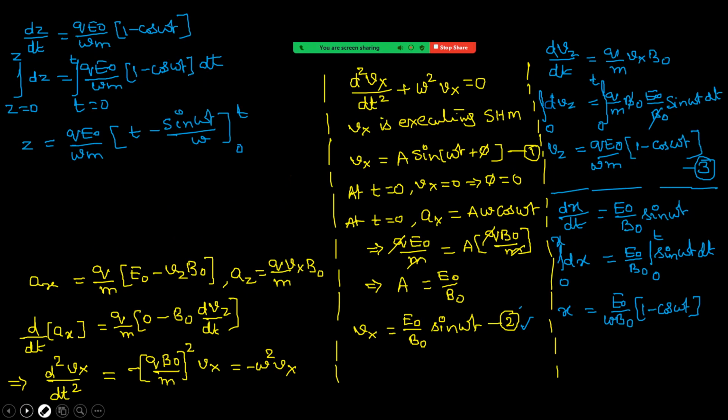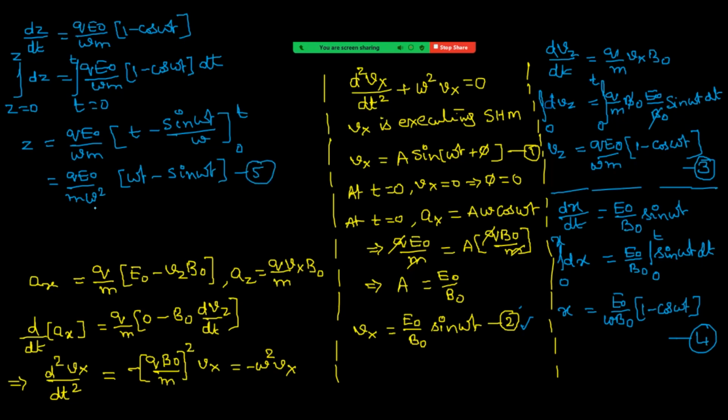So coming to the calculation part, q E naught by m, take omega outside, omega square: omega t minus sine omega t. Suppose this is x, equation 4; this is equation 5. Now in the place of omega square, see what I can write.